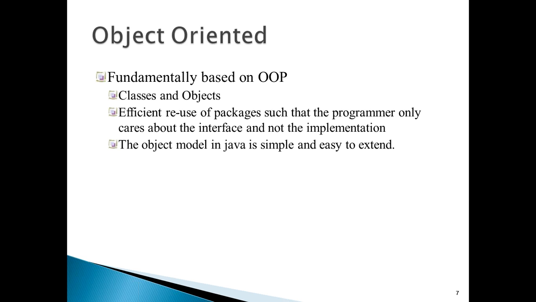We can reuse the classes anytime, any number of times. So it's very easy to understand and saves our time. Instead of writing from the beginning, we can just reuse the class which already exists.